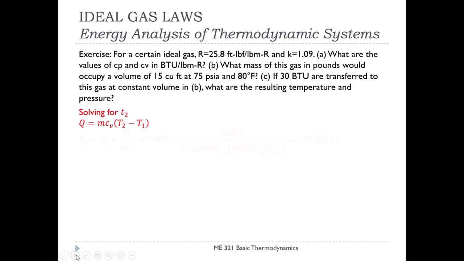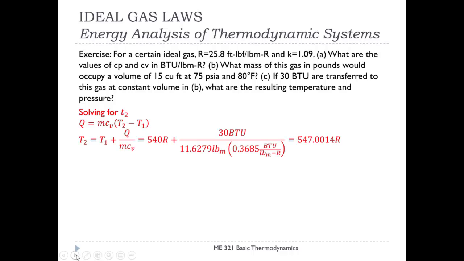To get the final temperature, we must rearrange the formula to isolate T sub 2 at the left side of the equation. Then, by substituting the given information, we will get 547 Rankine for the final temperature of the gas, or 87 degrees Fahrenheit, as our final answer.